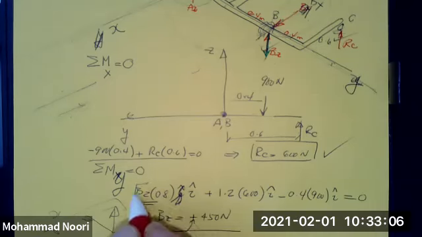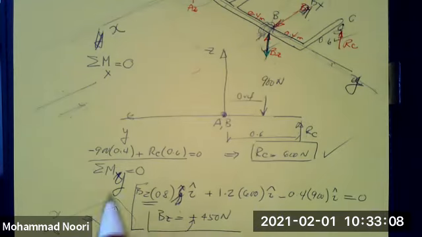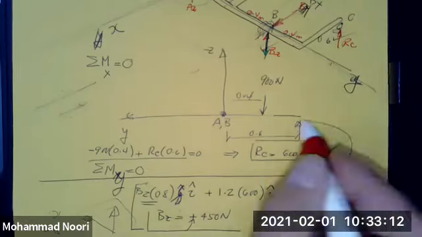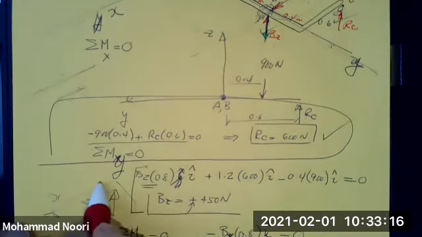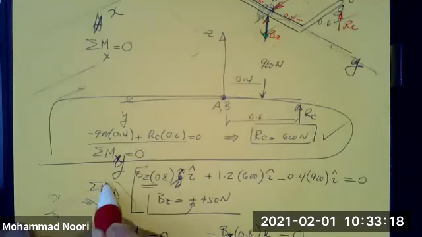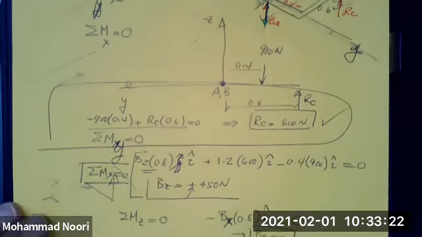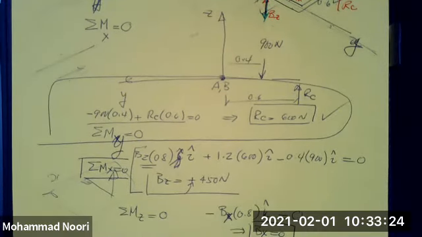In other words, this was the summation of y that gives you this. This one, you're right, would be summation of moments about x equal to 0. That's a good observation. Yes, you're absolutely right. I'm glad you noticed it.